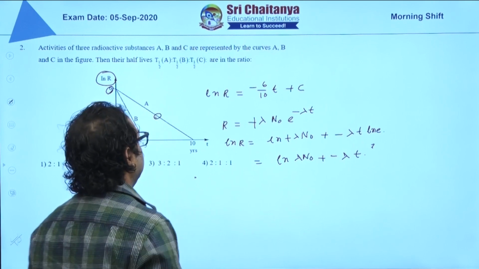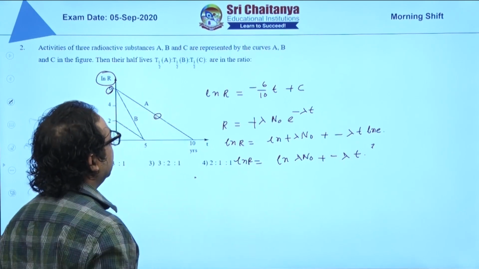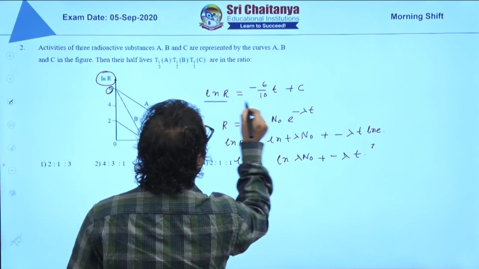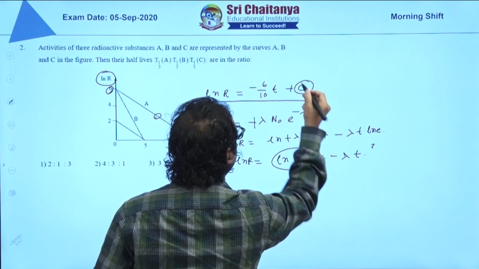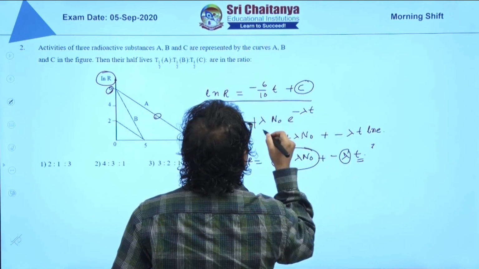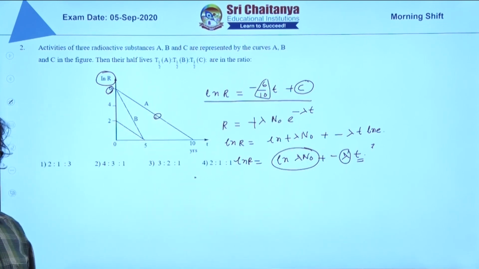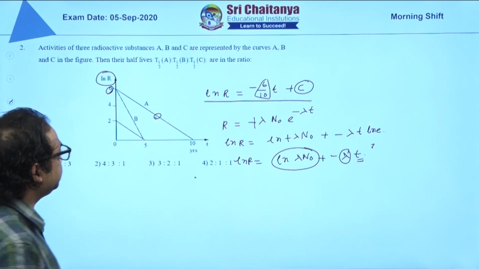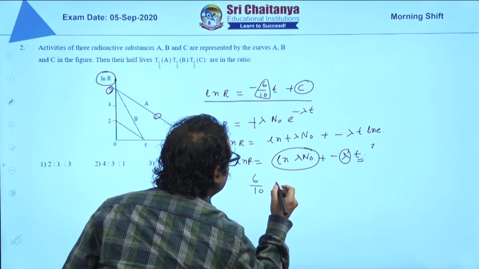So here this is your ln R. When we compare with the given equation, this is a constant, and here lambda into t. So basically this slope gives your rate constant. So 6 by 10 is your lambda.